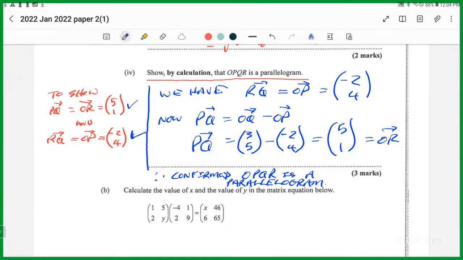Just work out the vector on the opposite side of the parallelogram and they must come out to be the exact same thing, because they are equal in length and parallel. When two lines have the same length and the same direction, they are equal vectors, meaning that they are parallel and equal in length, and that's a property of a parallelogram. A parallelogram has two pairs of equal opposite parallel sides. So that's what you have to prove.